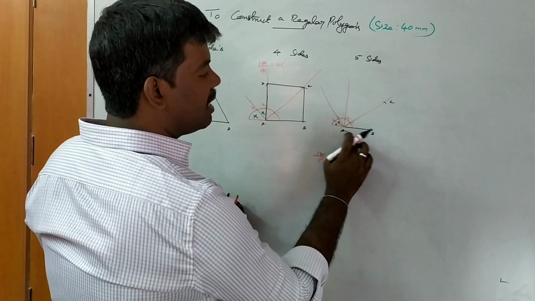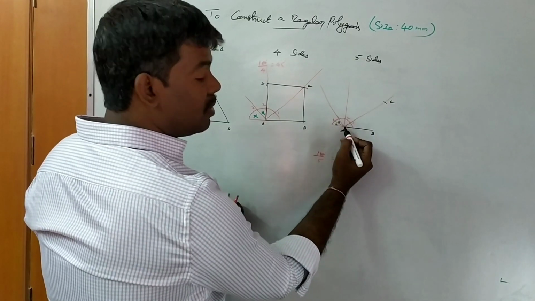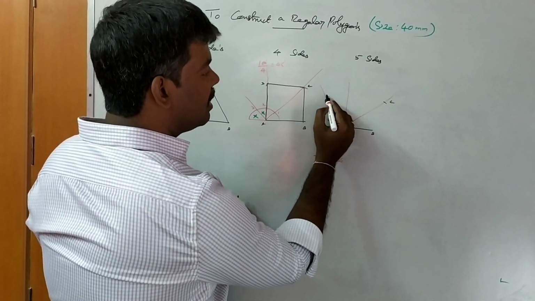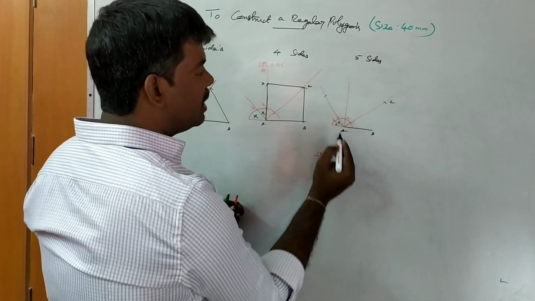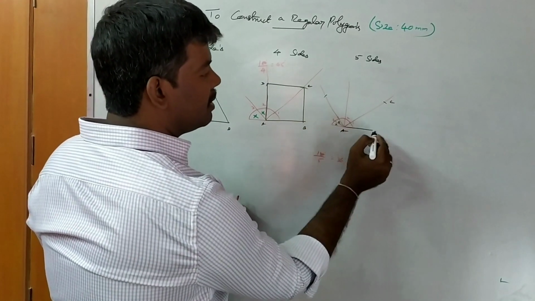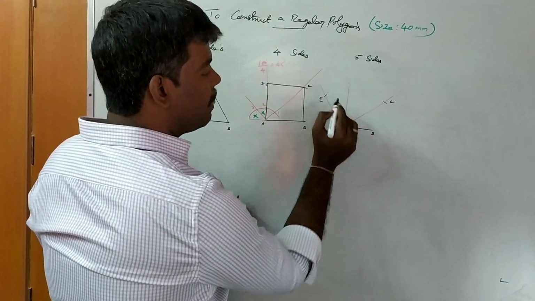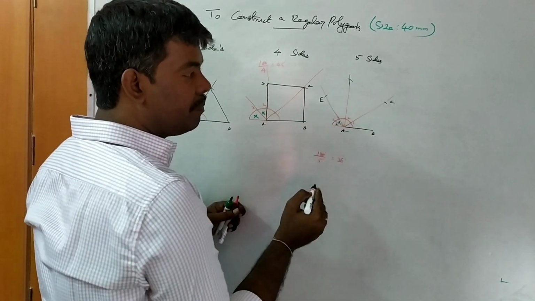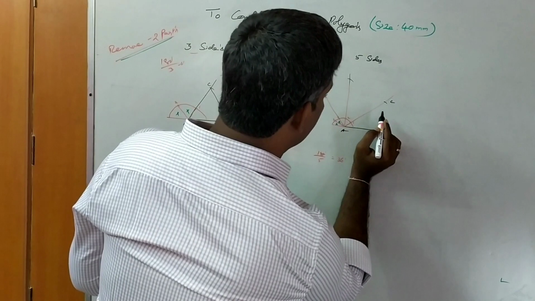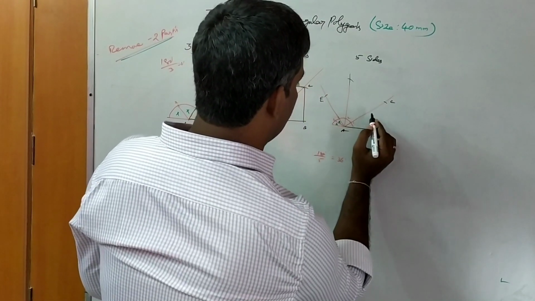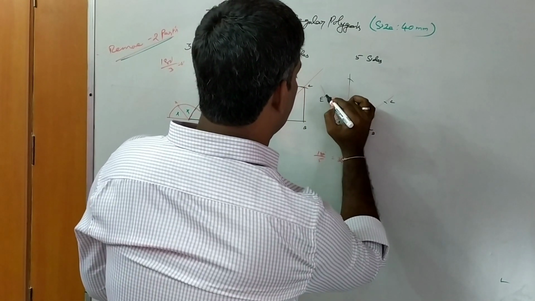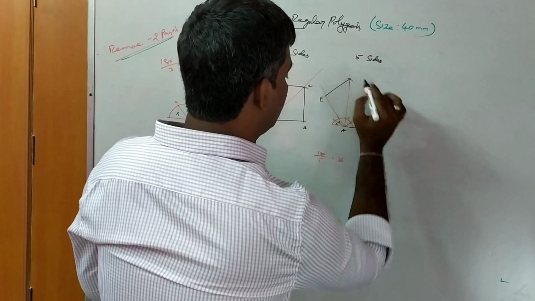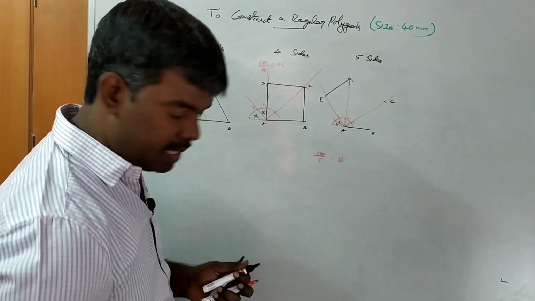So 5 sides means A, B, C, D, E. So same radius, A as the center, intersect an arc here. Next one, it is A, B, C, D, E. So now E as the center, intersect an arc on this vertical line. Clear? After that you join all the points.